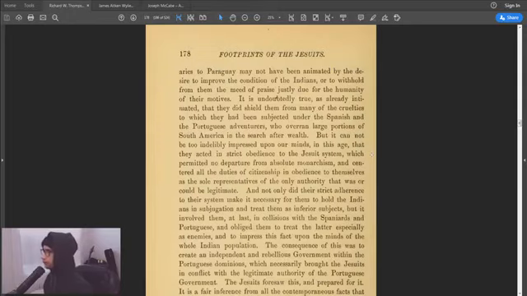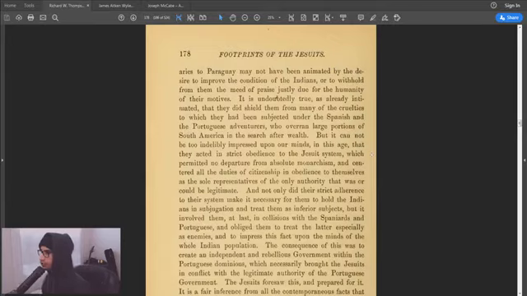All right. So, but it cannot be too indelibly impressed upon our minds in this age that they acted in strict obedience to the Jesuit system, which permitted no departure from absolute monarchism and centered all the duties of citizenship in obedience to themselves as the sole representatives of the only authority that was or could be legitimate.